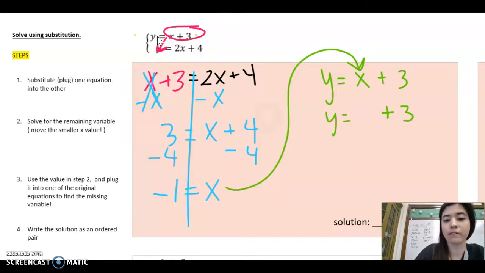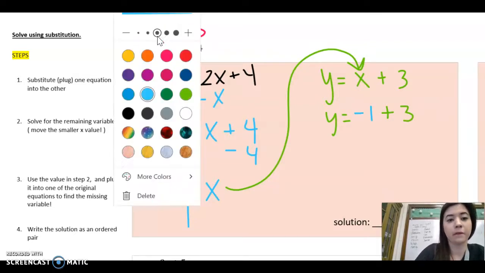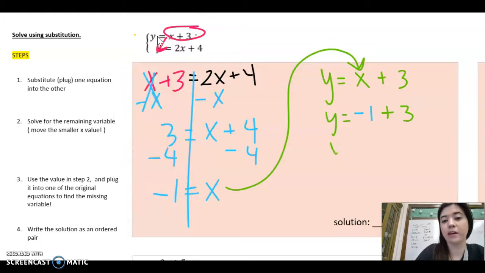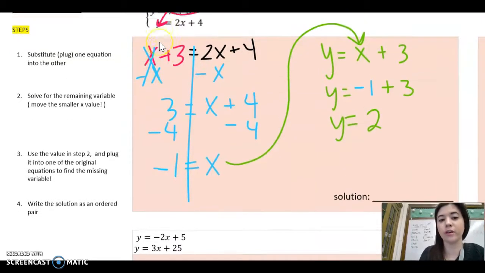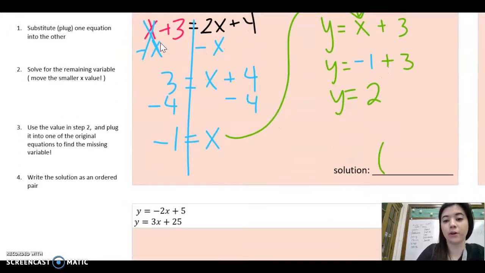Color coordinate. And then we end up with y equals negative 1 plus 3, which is 2. And then we write it as an ordered pair. So negative 1, comma, 2. Remember, it's always x first and then your y value.